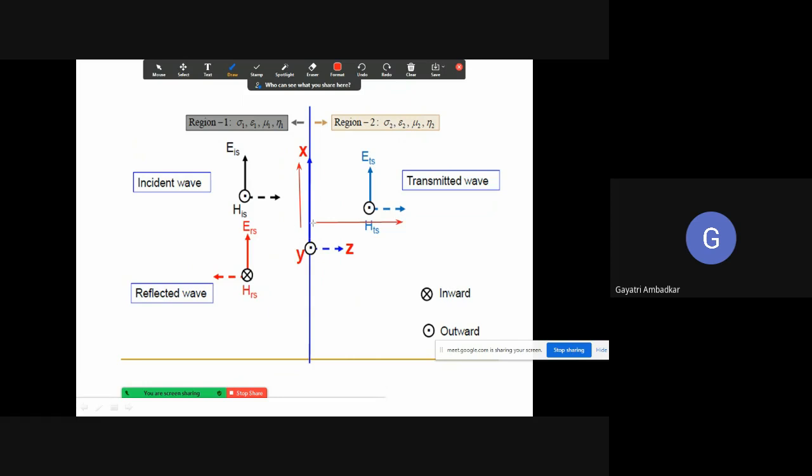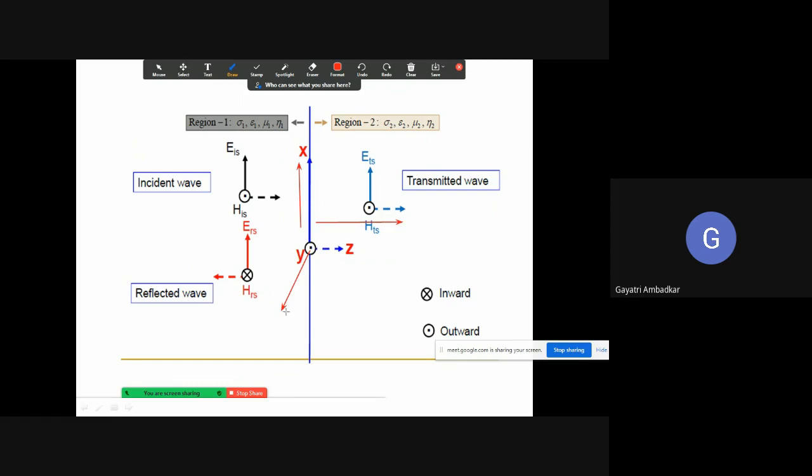So from this point you can imagine this waveform is coming towards you, outward. So this point is indicated by a dot. A dot indicates the direction is outward. So if this is a plane, this waveform is projecting outward. It means E and H are perpendicular to each other and this is the direction of propagation.